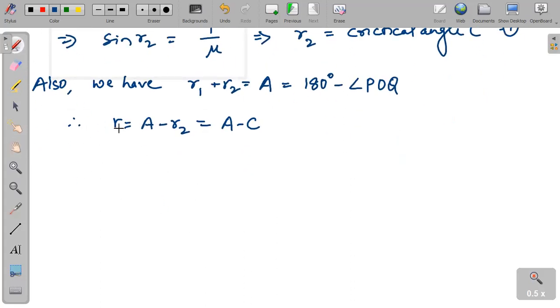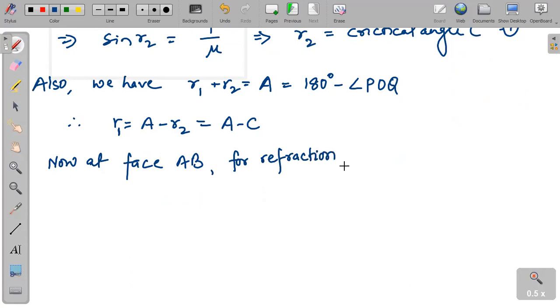This is my R1. Now, at face AB, for refraction, sin I1 upon sin R1 should be equal to mu.